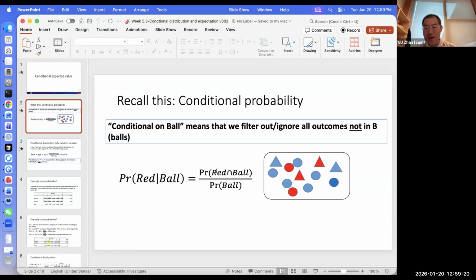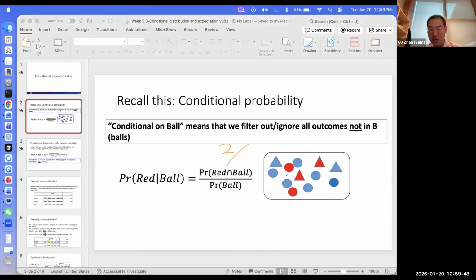So the probability of a red object and that object is a ball, over the total population. This is the probability of red and ball. Red and ball is 2 divided by how many? 8 balls plus 4 triangles, there's 12. So red and ball is 2 red balls divided by the total 12. Then the probability of ball is 8 balls over 12 objects.